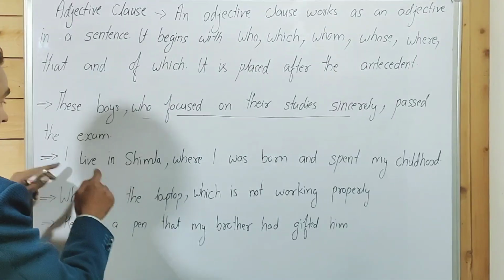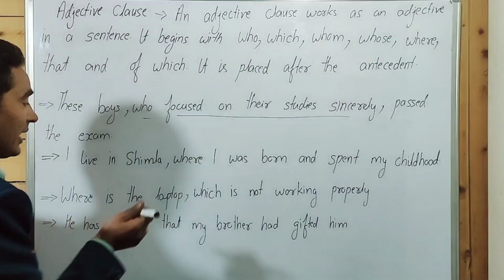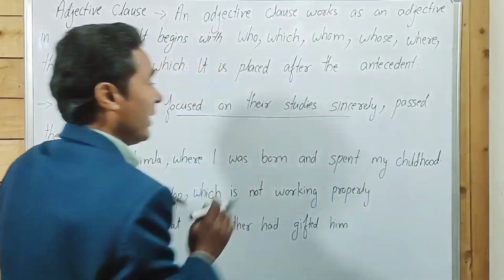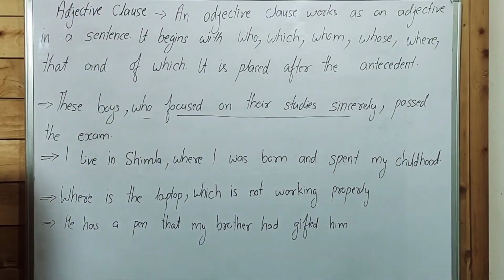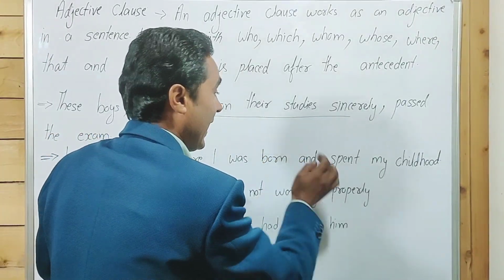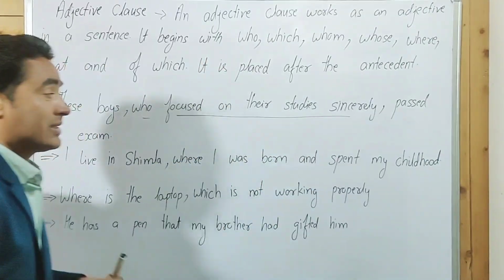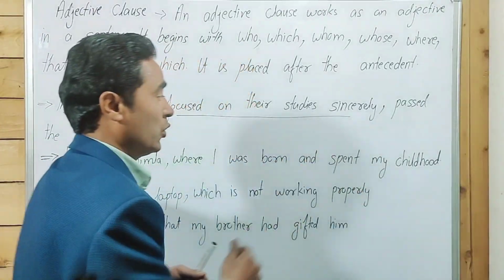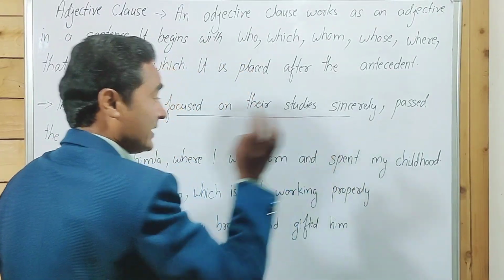I live in Shimla, where I was born and spent my childhood. So here, Shimla is the antecedent where I was born and where I spent my childhood. The second where is hidden in this sentence.